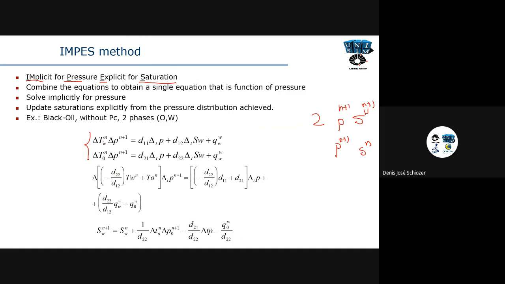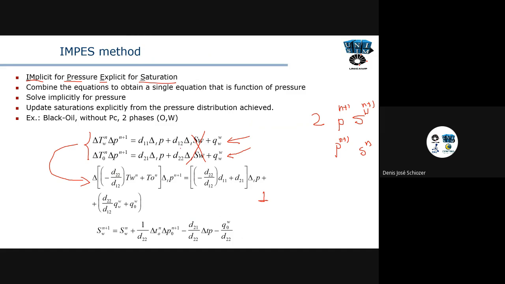So for example, here I have the residual equations. I'm not going to explain how we did it, but we combine the two equations here into one. So we have one equation only, which is a combination of the water residual calculation and the oil residual calculation. What's the objective of this combination? To eliminate the water saturation as an unknown here.